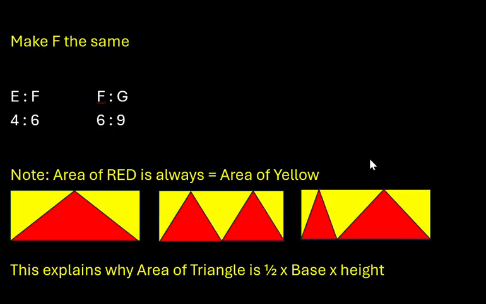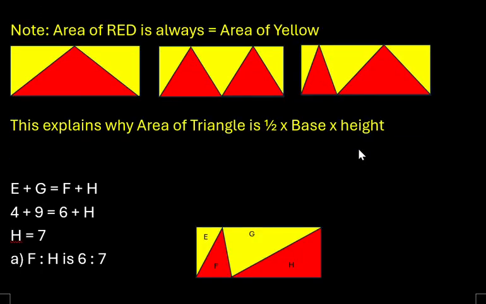Okay, so the main trick comes here. What is the relationship of H to the rest of the three triangles? This is a basic concept that a lot of students may not be aware of.